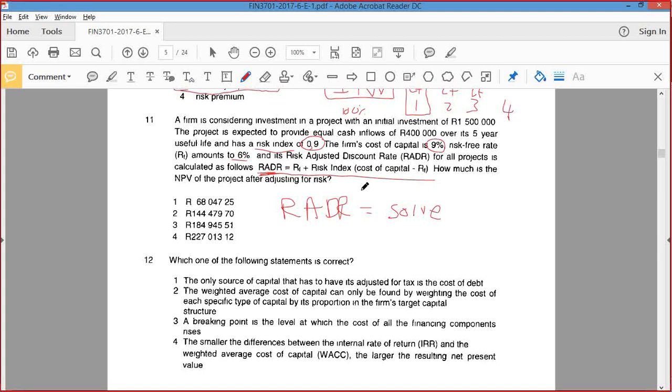Yes, but CAPM is CAPM. The risk-adjusted discount rate is similar to CAPM. The formula looks similar, but you don't use the market return. You use the cost of capital when you're adjusting for risk. Okay, because I'm looking at an internal calculation, not an external one.